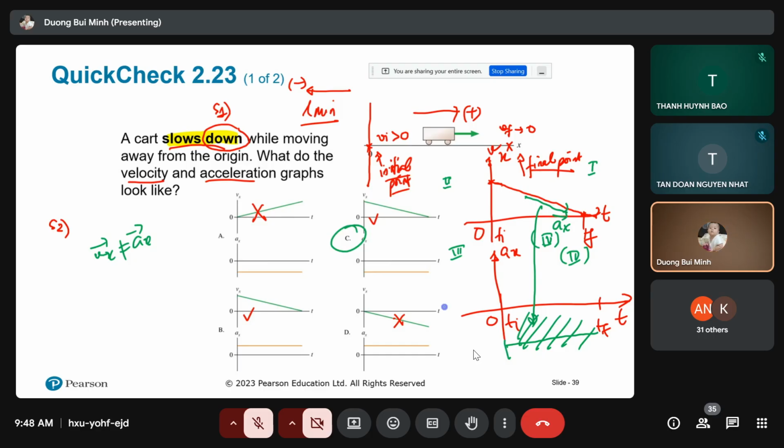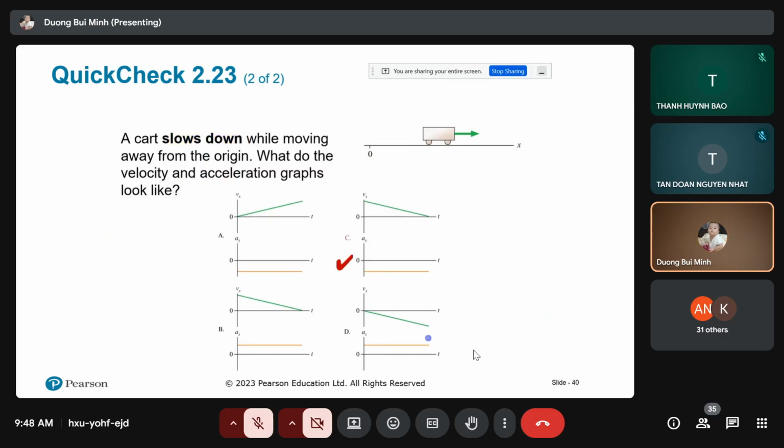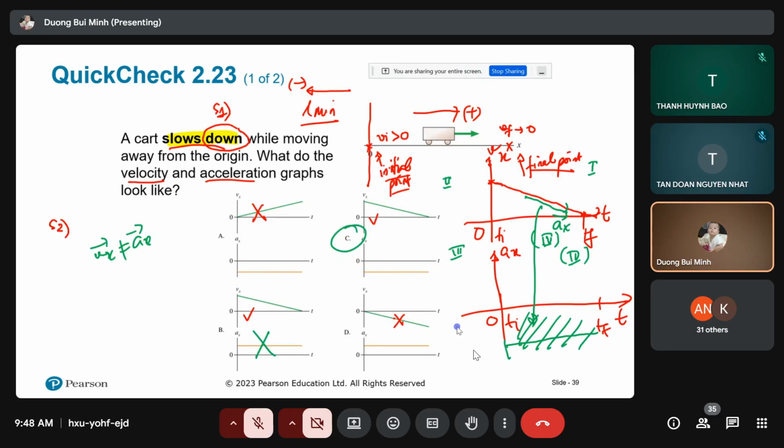Question C. So we delete this one. Now we get the correct answer here. Or we can explain like this.